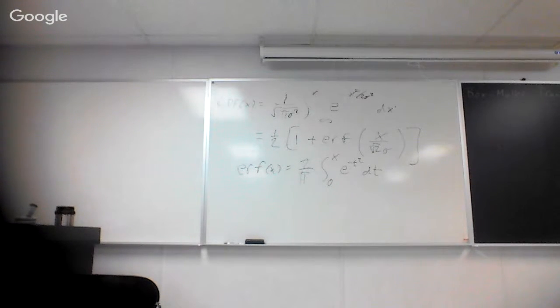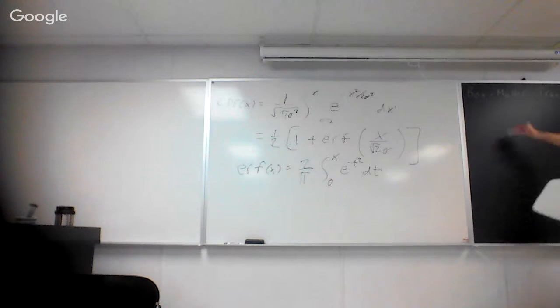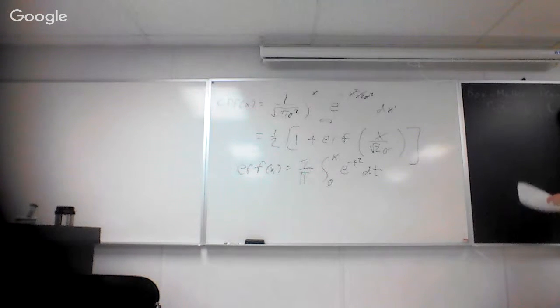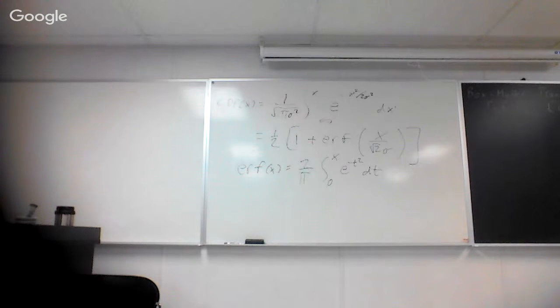In this technique you select a random number between 0 and 1. In fact, you select two of them, R1 and R2, which are evenly spaced on the interval from 0 to 1.